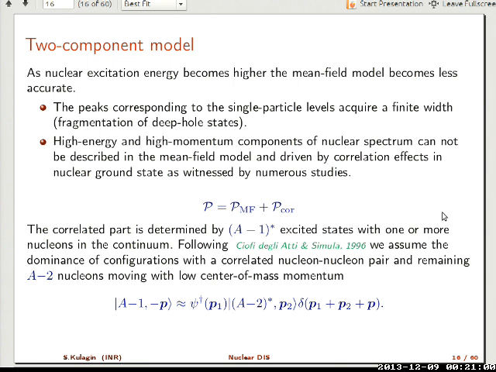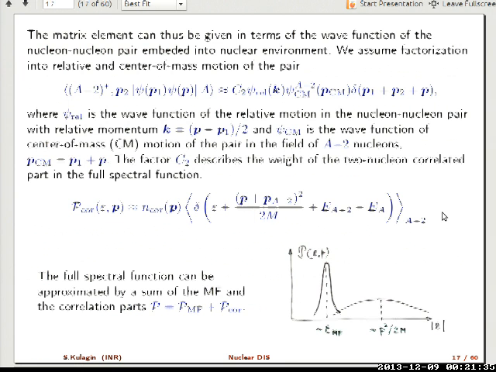There are two nucleons in the final state with a relative momentum p, and some residual system which might be excited, but the major contribution to the separation energy would come from the relative motion of these two nucleons.